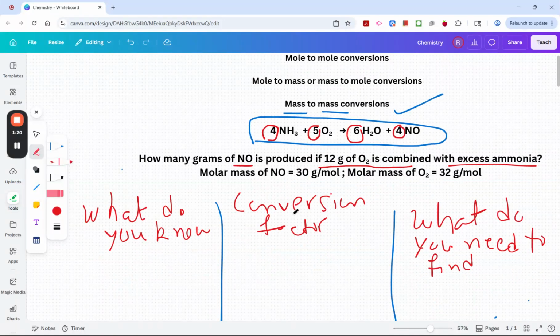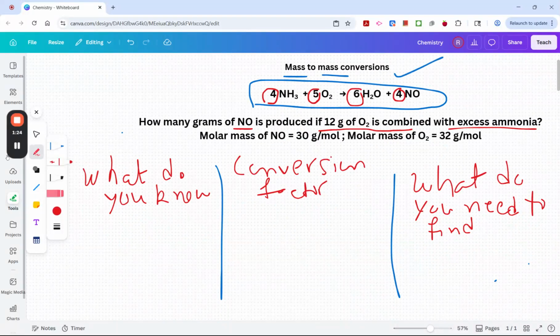Same steps. What do you know? Conversion factor. What do you need to find? As you can see, I have already made the table to save my time. What do you know means what value is given to you in the question. In this case, 12 grams of oxygen are given to me. That will go here.